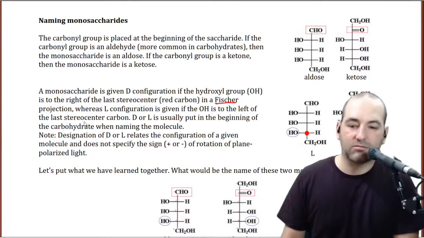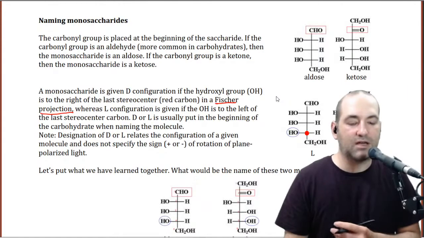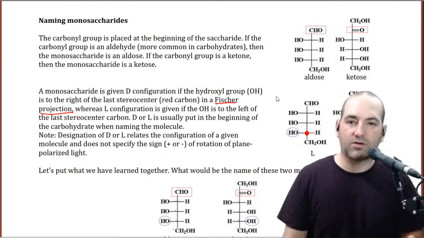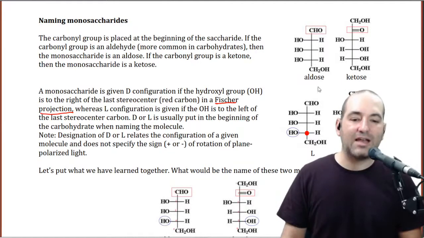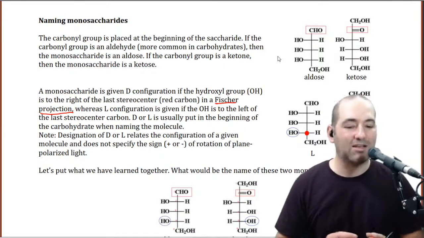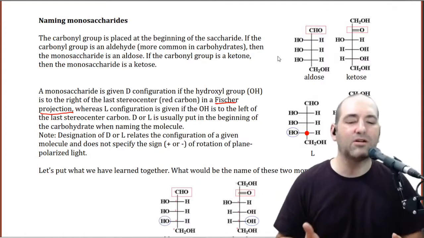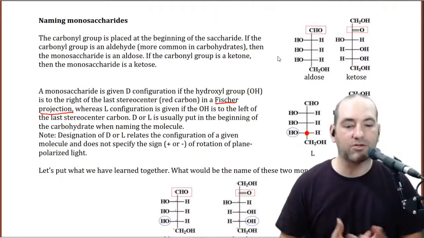The difference between a Fischer projection and a standard structure or a Lewis structure is that it actually matters which side of this midline you put the two things. So it's a way of expressing stereochemistry. And honestly, it's a little bit of a confusing and difficult way to think about stereochemistry when we try to convert it to other structure types.